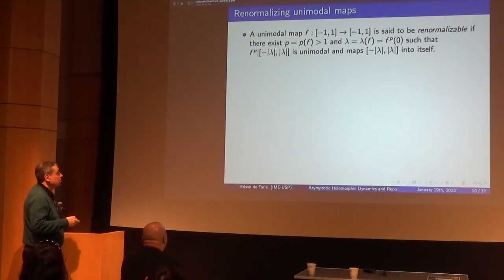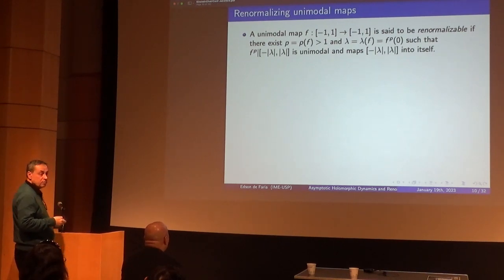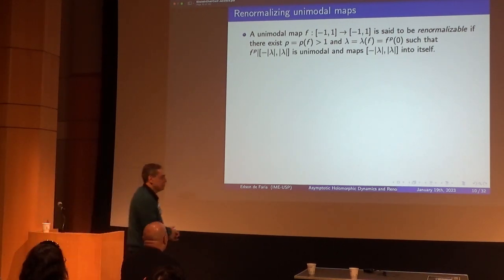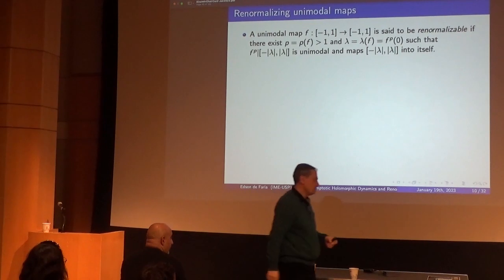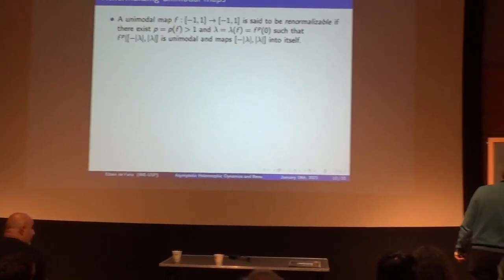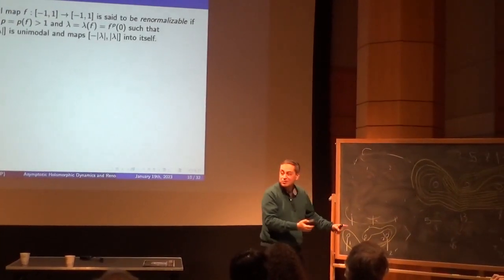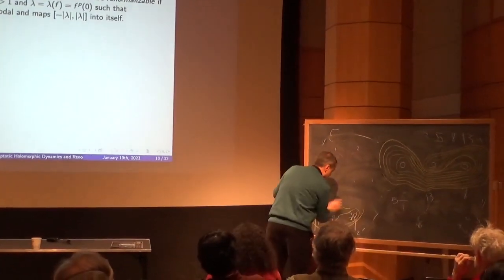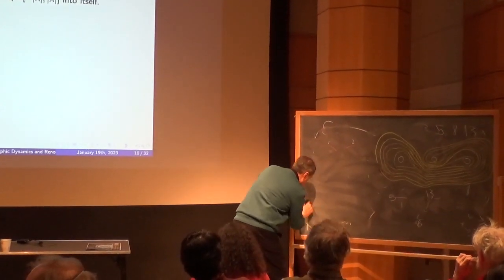I didn't say what unimodal was. Unimodal is a map which has just one critical point in the interval. I'm sorry for erasing this beautiful picture here.